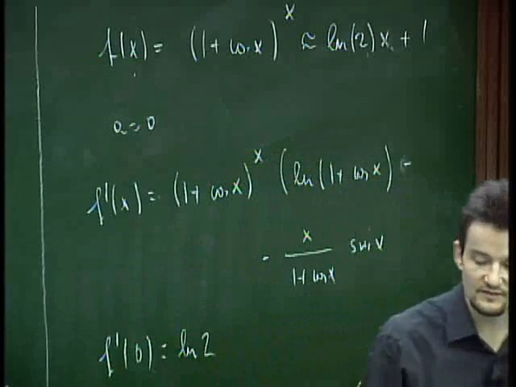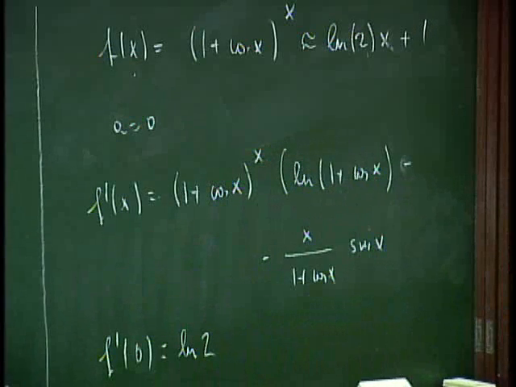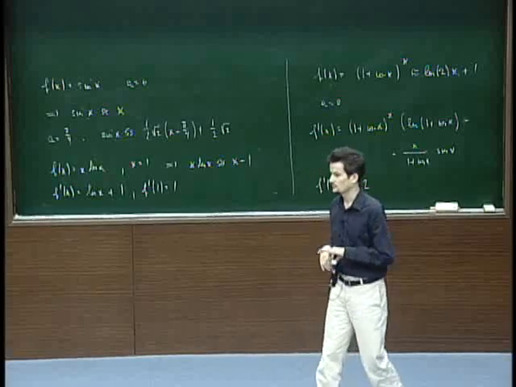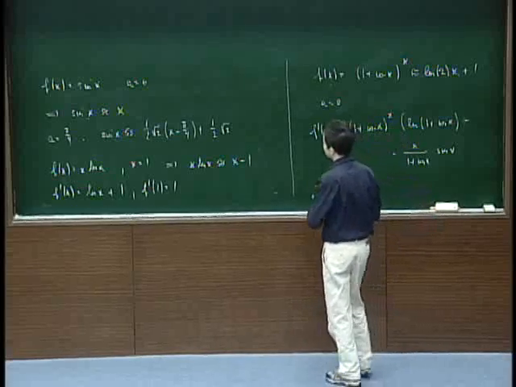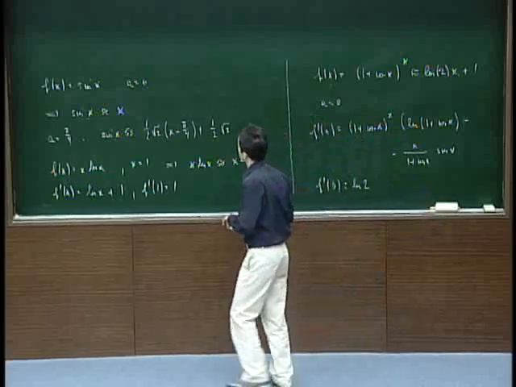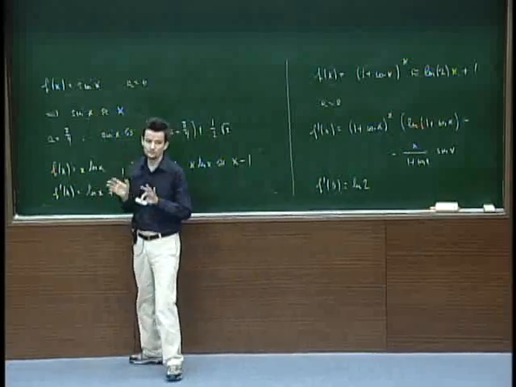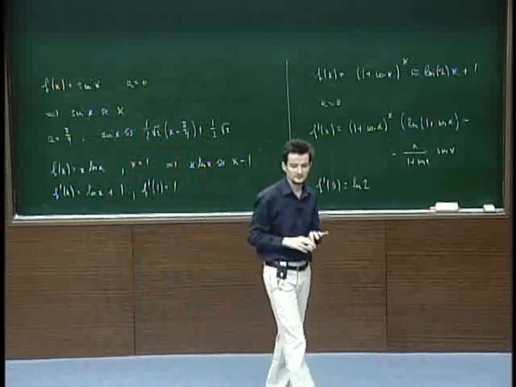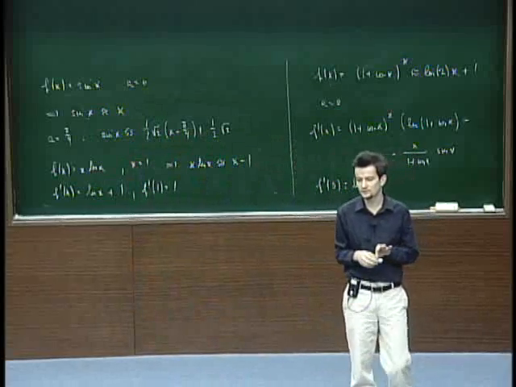Now, this is the basic idea, and if you look at the example in our textbook, there is also an example where they discuss, for a certain function, for which range of x the approximation is good.